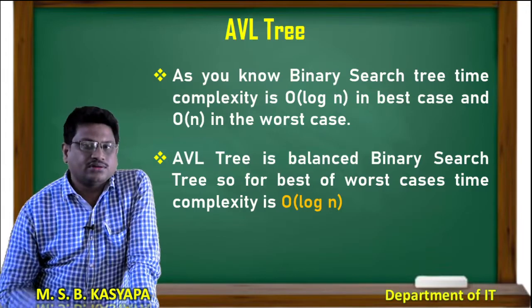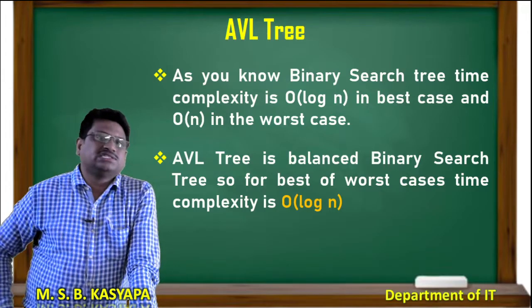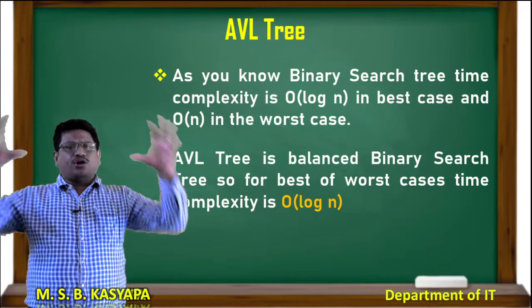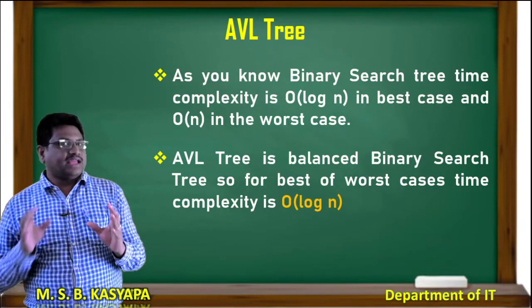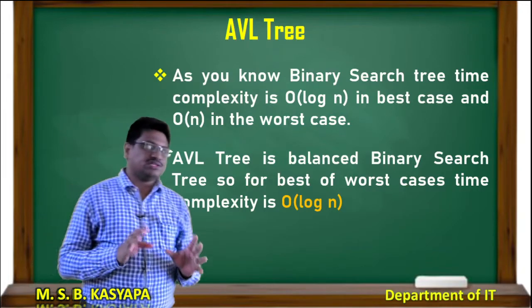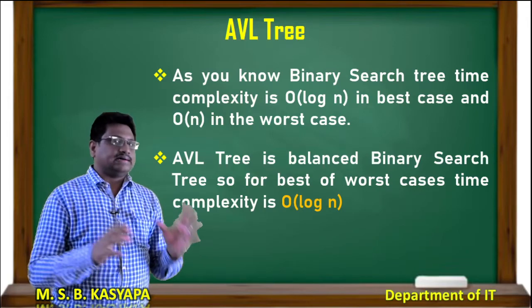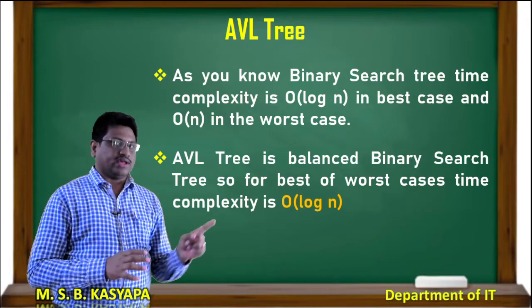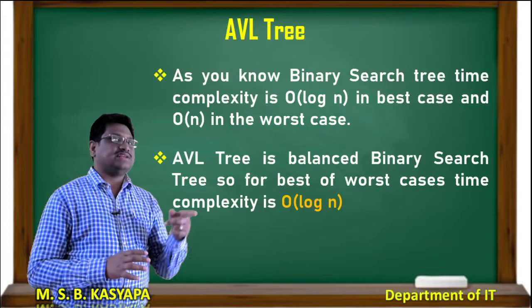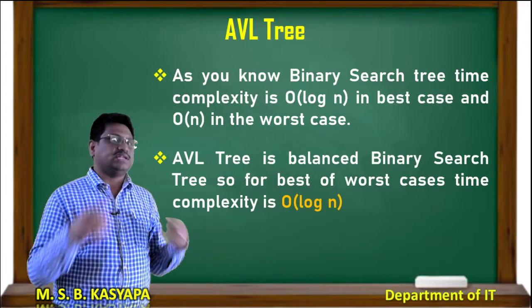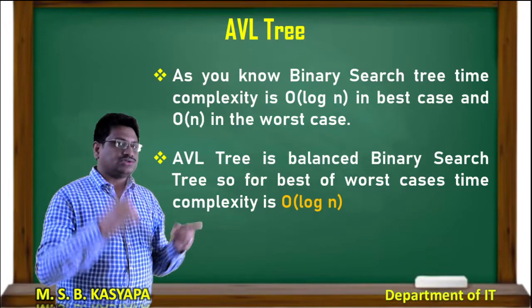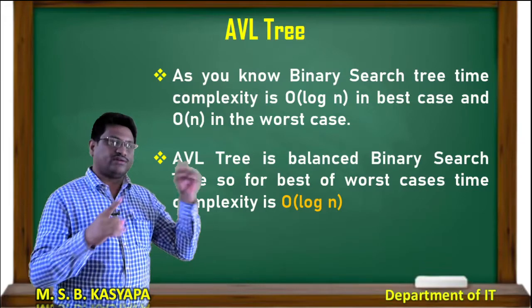Okay. Now, see, if you go to the time complexity, in a normal tree, if it is a binary search tree, the time complexity is log n. Am I right? If it is a skewed tree, it becomes the worst case. So, the time complexity is order of n.